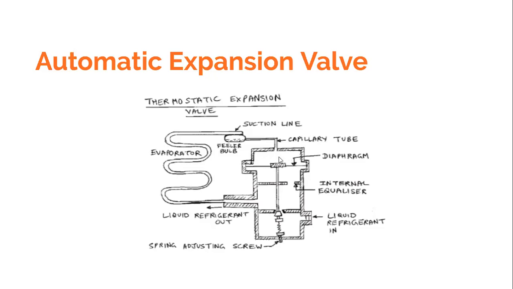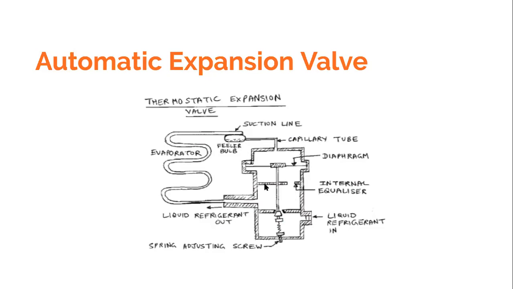So here there is no regulating spring on the upward side, and there is no atmospheric pressure acting over here. It is the pressure exerted by the refrigerant in this filler bulb on the upside, and on the other side it is again similar to the automatic expansion valve.